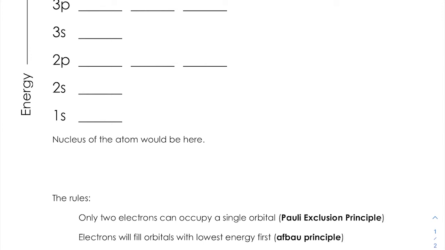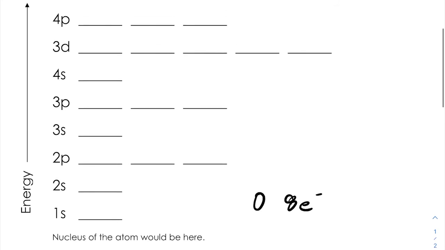Let's take something like oxygen. Oxygen has 8 electrons. If I want to write the configuration for oxygen, I use this chart here, and like I mentioned, you fill up the chart from the bottom. So you start there and you fill up 8 electrons. Now, you can represent the electrons with lines, or with arrows.